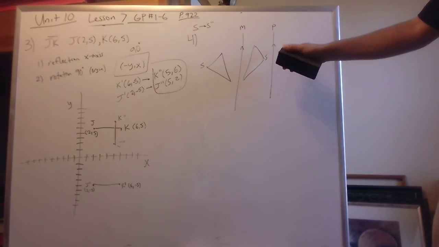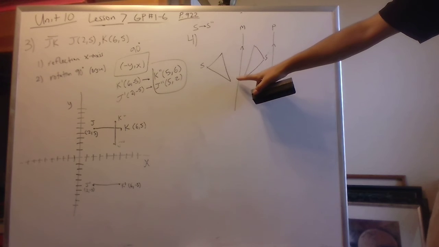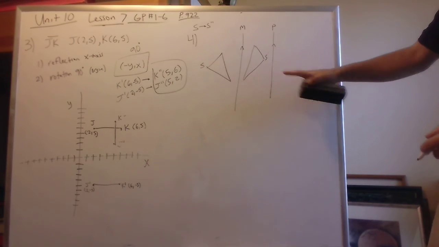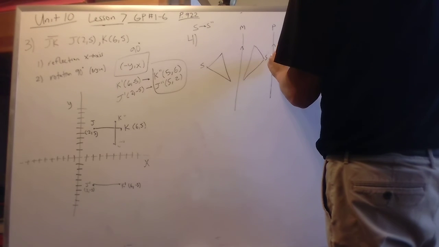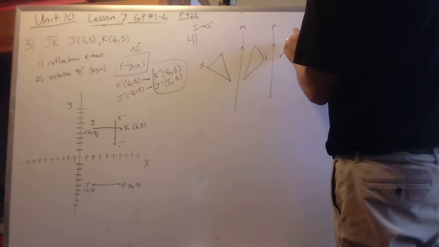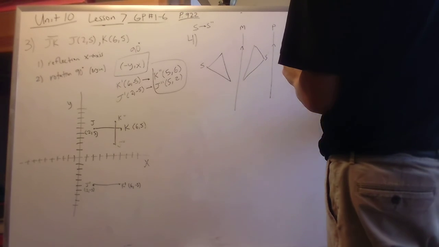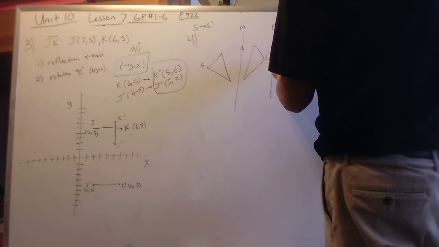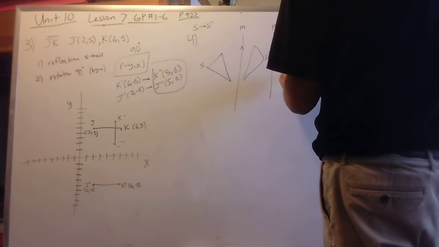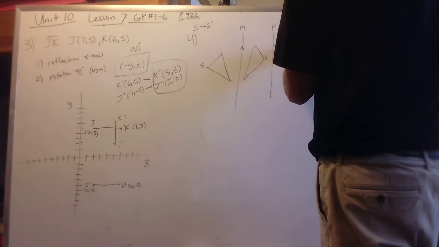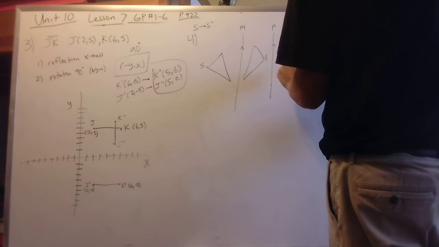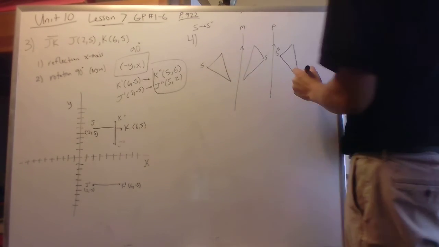And now we want to get S double prime. So we're making a reflection over not only line M, but line P. So then we're going to have our S right here, and it's going to go like this. Something like this. So our S double prime is going to look like this.